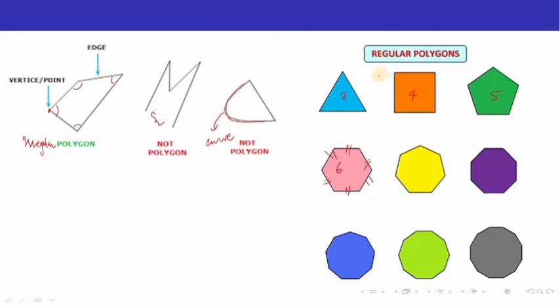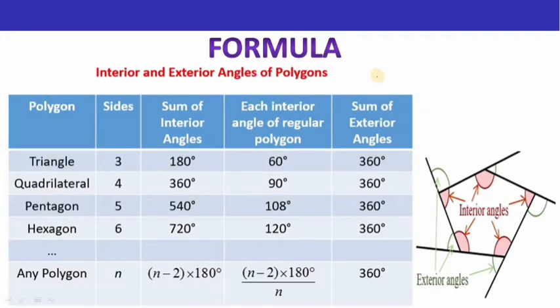Now having understood polygons, let's see the formulae that we need in this particular chapter. Kindly look at the diagram first. You see, these are called interior angles. And if you extend each side or edge, you get one angle being formed.